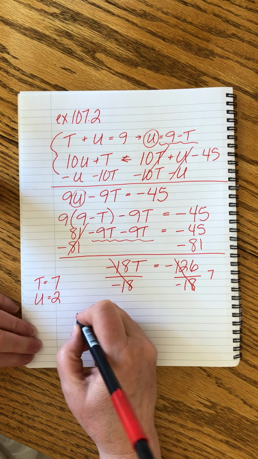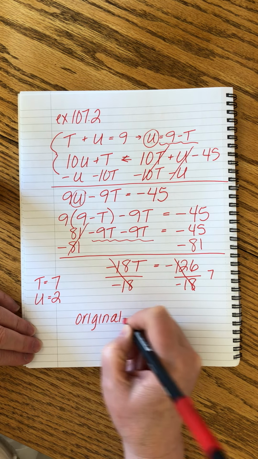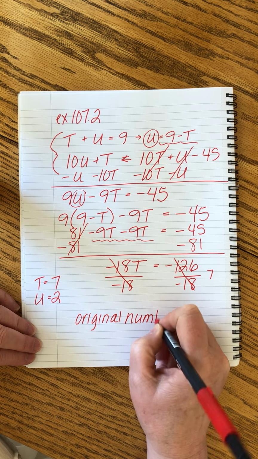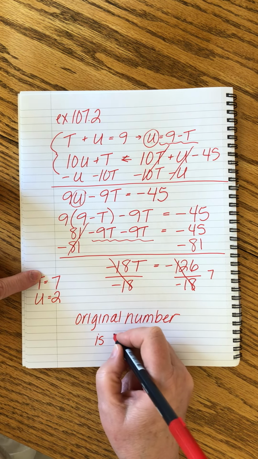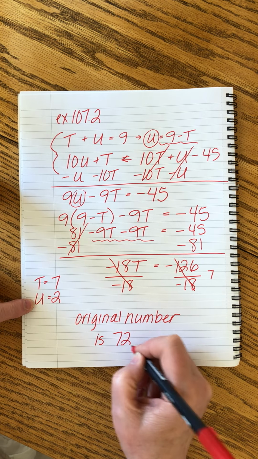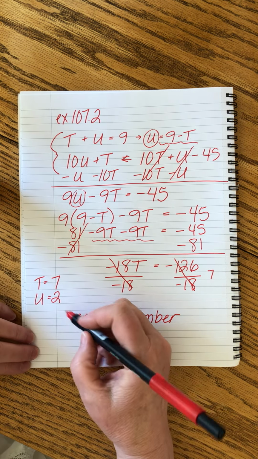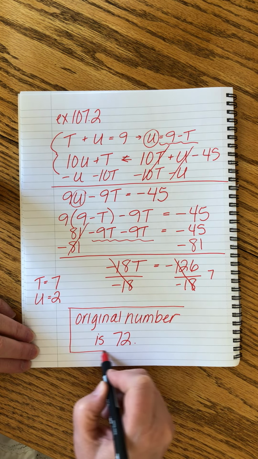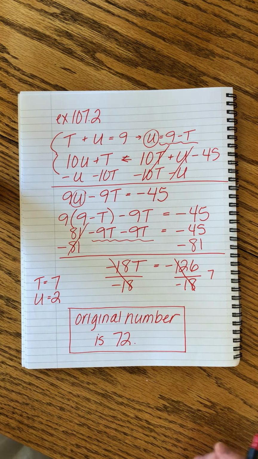And so I'm going to write original number is 72, right? We set our t's and u's up so that they're right for the final number. And that's the right answer. Yay!